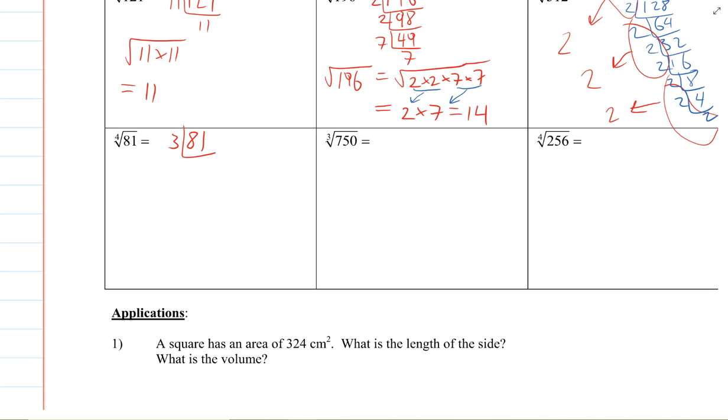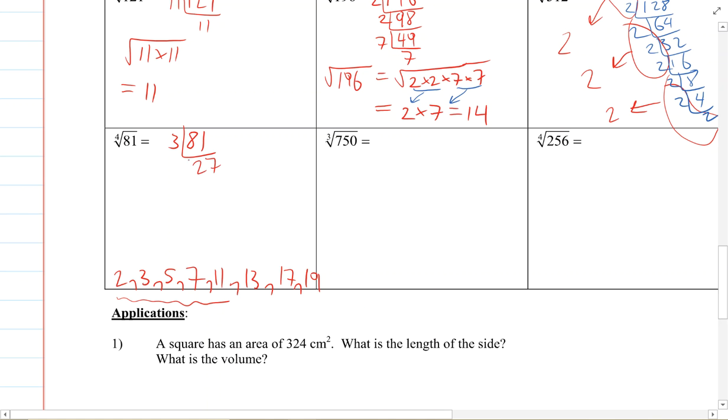Remember, your numbers you're trying are the prime numbers: 2, 3, 5, 7, 11, 13, 17, 19, and the ones that are the most common are the very first 5. 27, 3, 9, 3, 3. So the fourth root of 81 equals simply 3, because there's 4 of them.